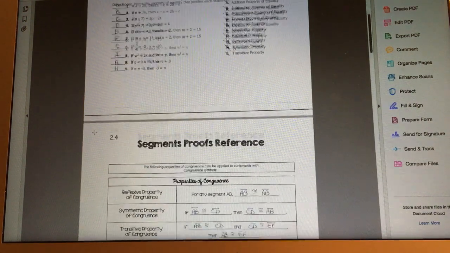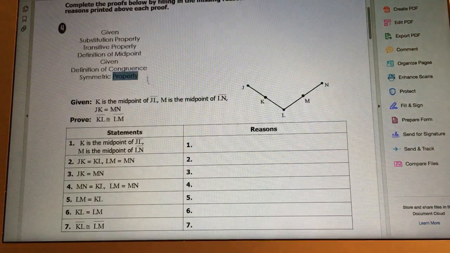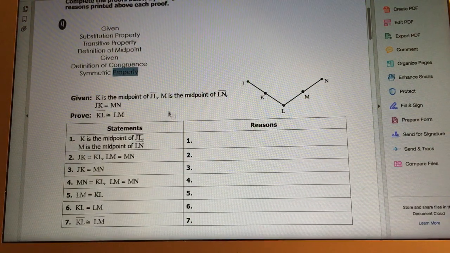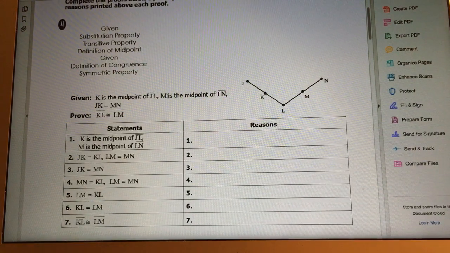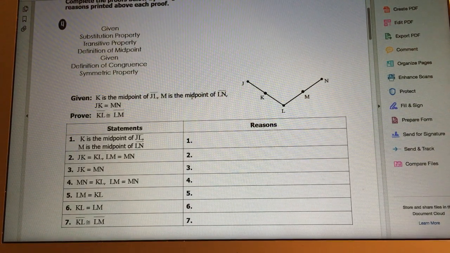So, continuing on into the homework. So if K is the midpoint of JL, so we're looking at our givens. If K is the midpoint of JL, and M is the midpoint of LN, and JK equals MN.